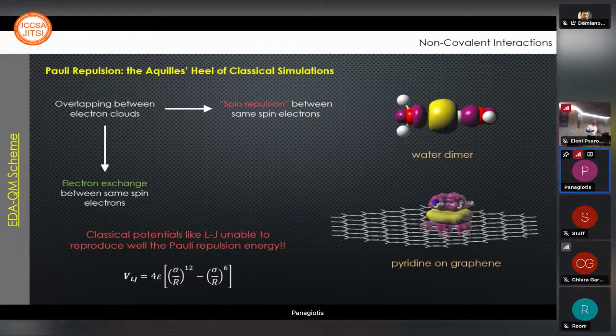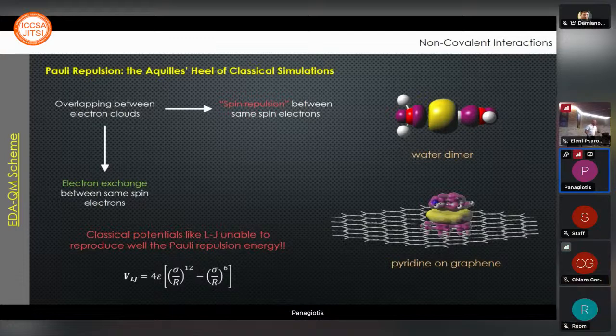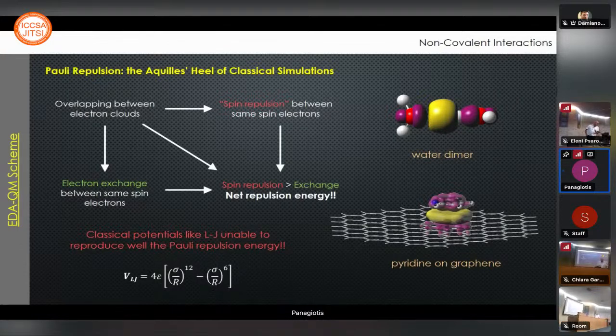Electron exchange is also another quantum effect. I'm not going to explain what it consists of, but what I can tell you is that it always stabilizes an electron system. The electron exchange always decreases the energy. So we have a stabilization of the complex because of this effect. But in non-covalent interactions, Pauli repulsion is always larger than exchange, so we have a net repulsive interaction.